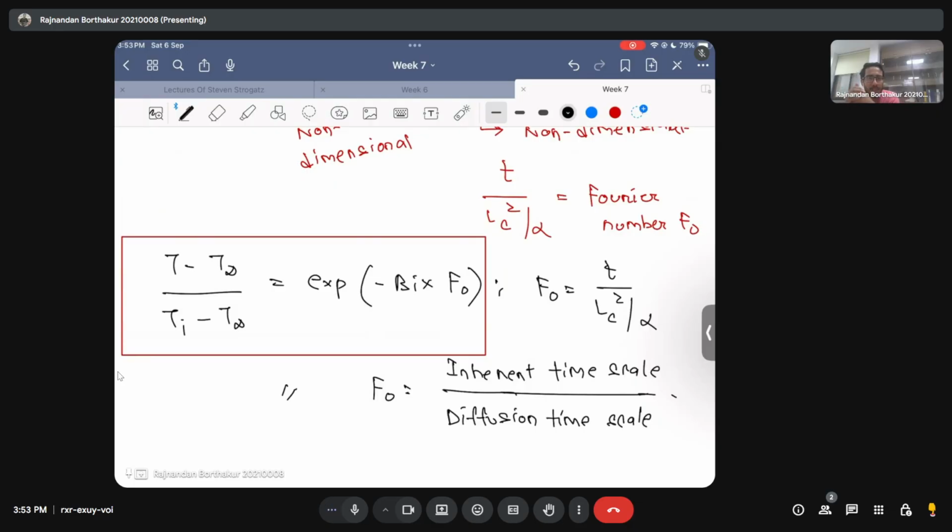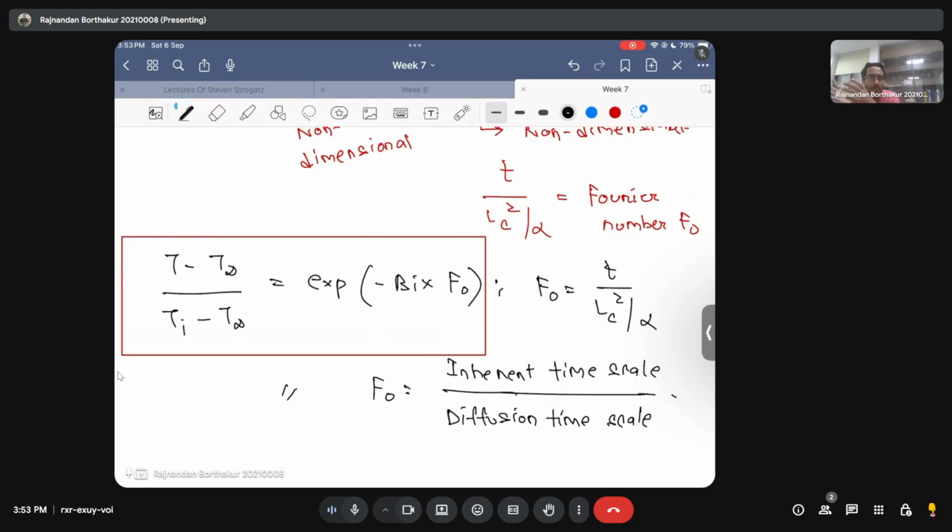And lastly, the fact that you can write the temperature profile as a function of two non-dimensional numbers that we just now saw, which is nothing but the Biot number times the Fourier number. Biot number is essentially a property of the body because it is HLC by K; actually, it's a property of the body and the ambient fluid.